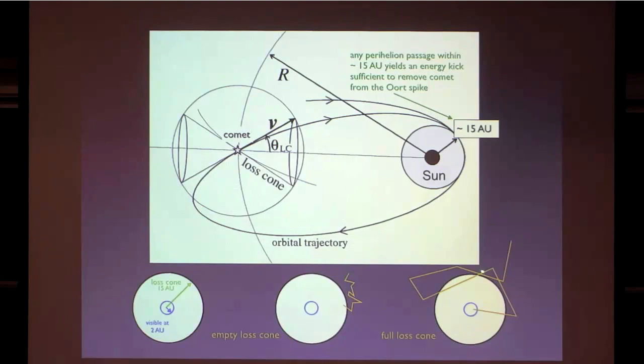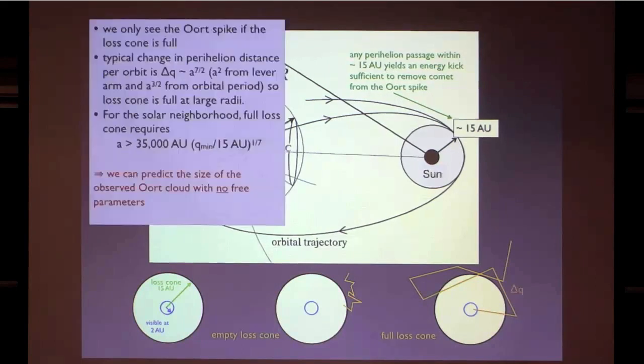That means that the only comets we can see are ones where the kick per orbit due to passing stars is sufficiently large to take them from outside the loss cone to inside, to very close to the sun, where we can see them in less than 1 orbit. Well, we can calculate what that requirement is. The typical change in perihelion distance is a very strong function of the semi-major axis.